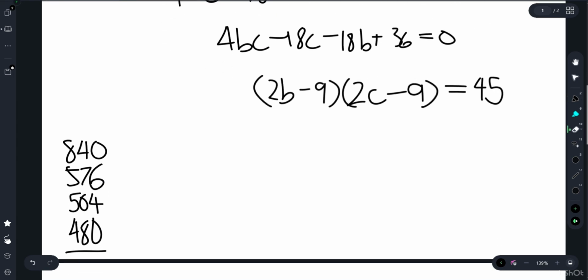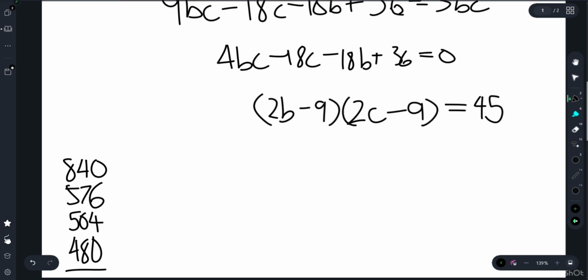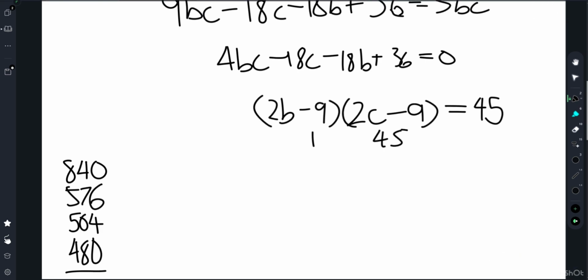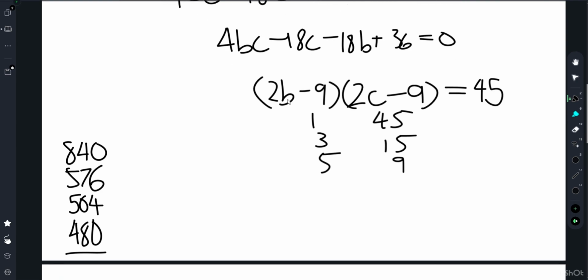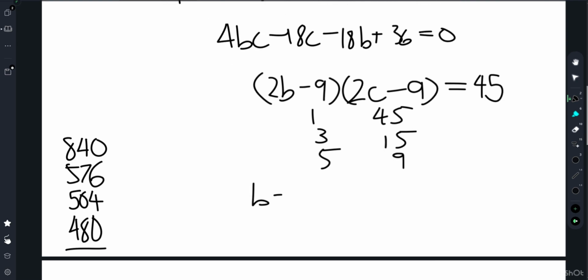This gives us, with similar logic to A equals 4, the factor pairs 1 and 45, 3 and 15, and 5 and 9. So B is equal to 5, 6, and 7, and C is equal to 27, 12, and 9. And so what are our volumes here?